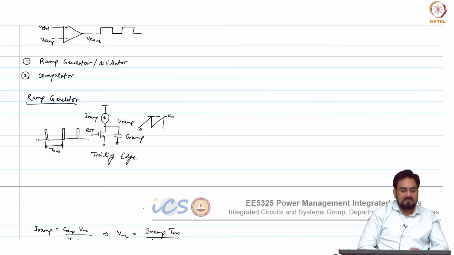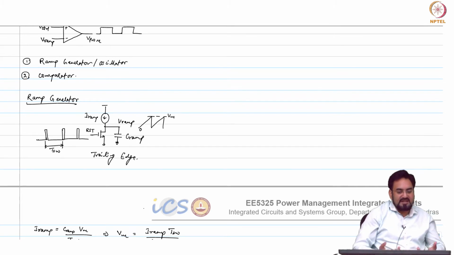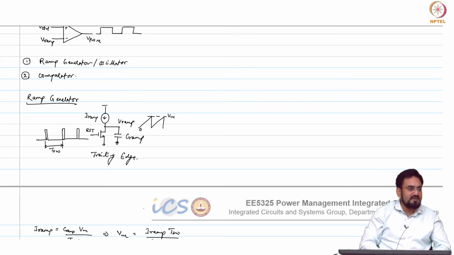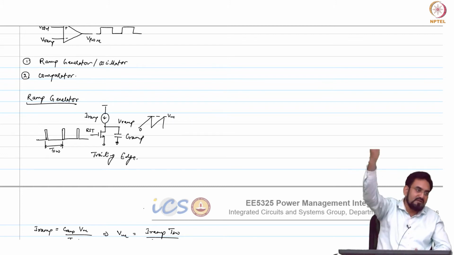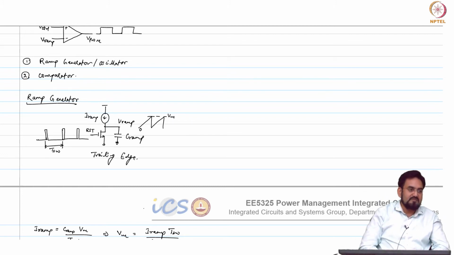Let us say my range is maybe 20 to 60%. In that case, the other case may work. But if you are going on the higher side, operating from 50 to close to 100%.